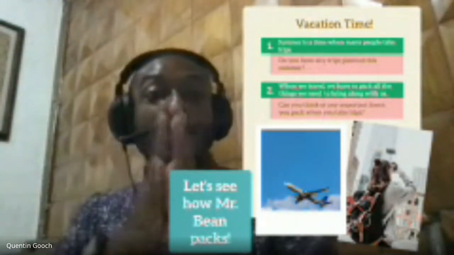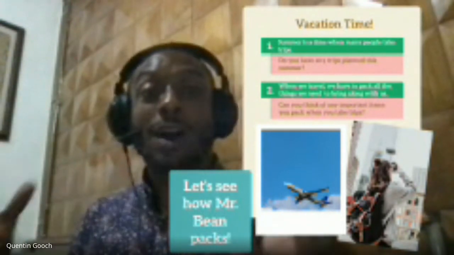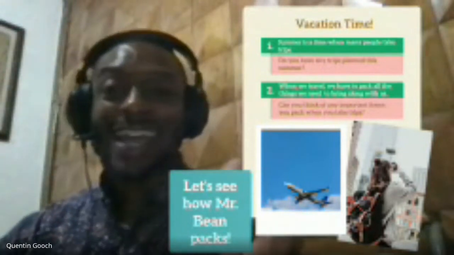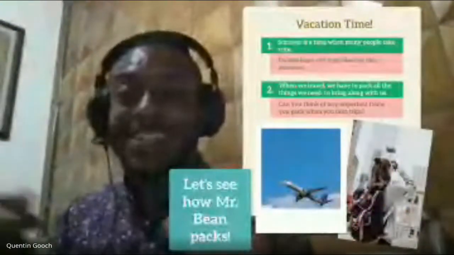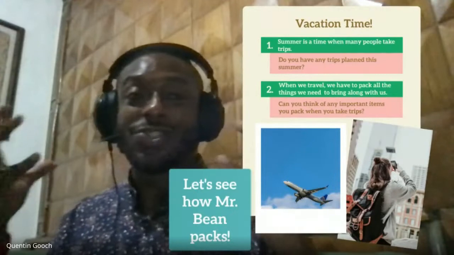Either maybe you're out of school for the summer or your parents are off work. So vacation. Can you all repeat that? Vacation. Vacation. Yes, very good. So taking a vacation is going on a trip.